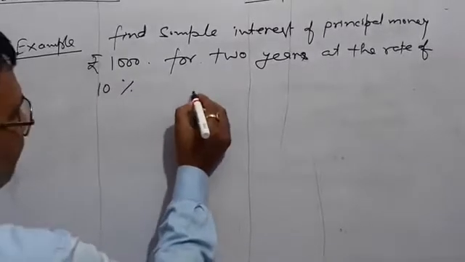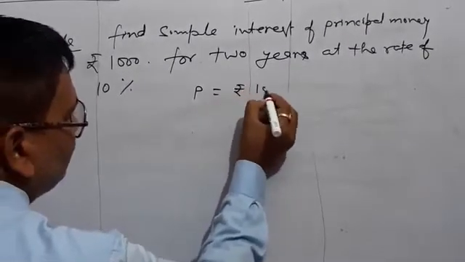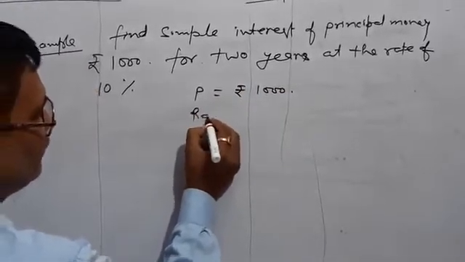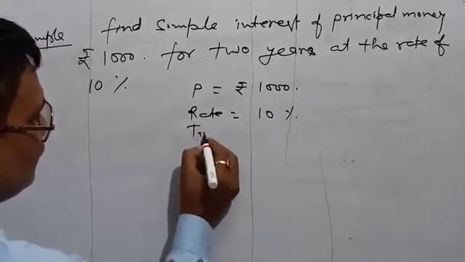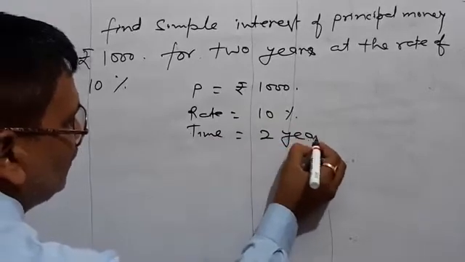Here P is equal to rupees 1000, rate 10%, time 2 years.